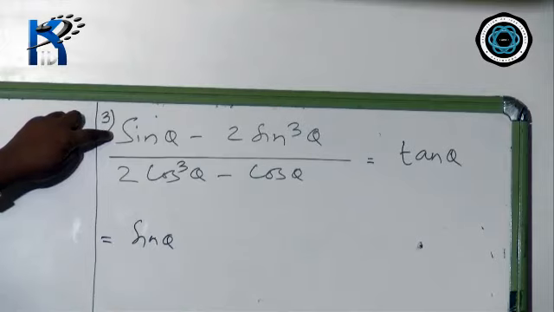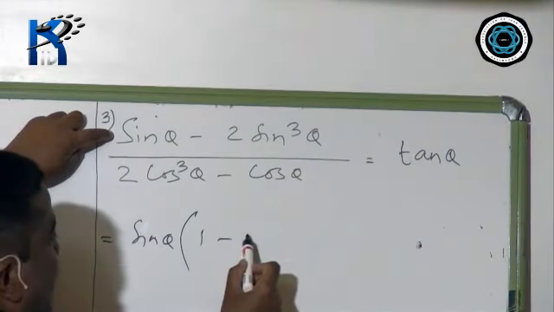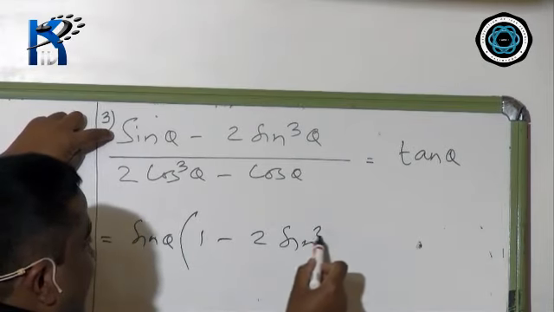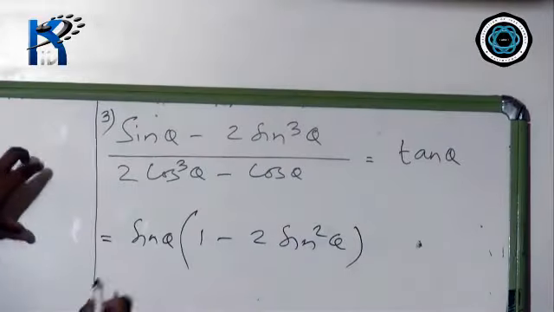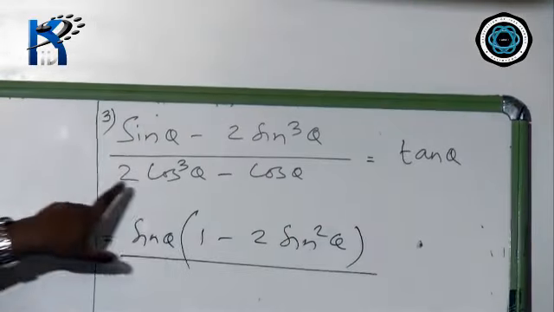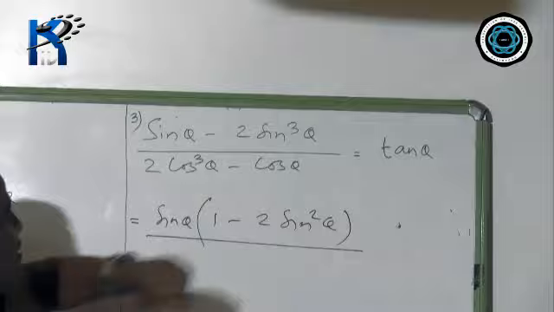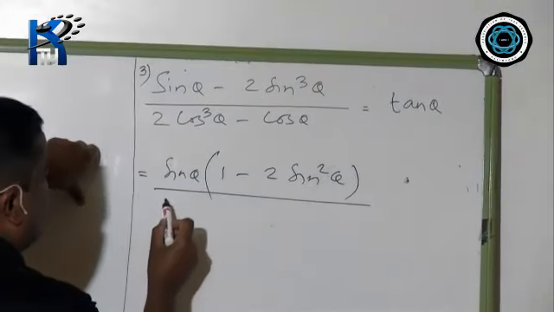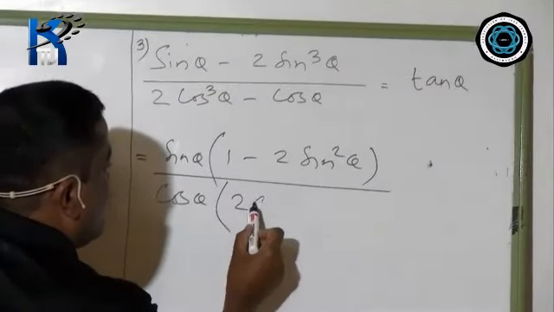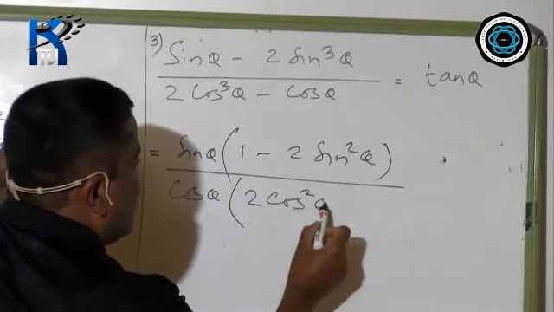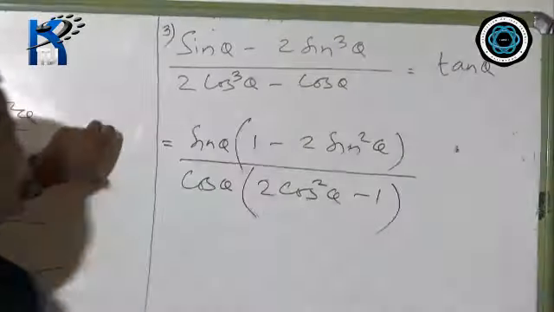So if you take sin theta common, what is left? 1 minus 2 sin square theta, because there is sin cube, divided by similarly cos cube theta minus cos theta. What is common? Cos theta is common. So if you take cos theta common, what is left? 2 cos square theta minus 1.